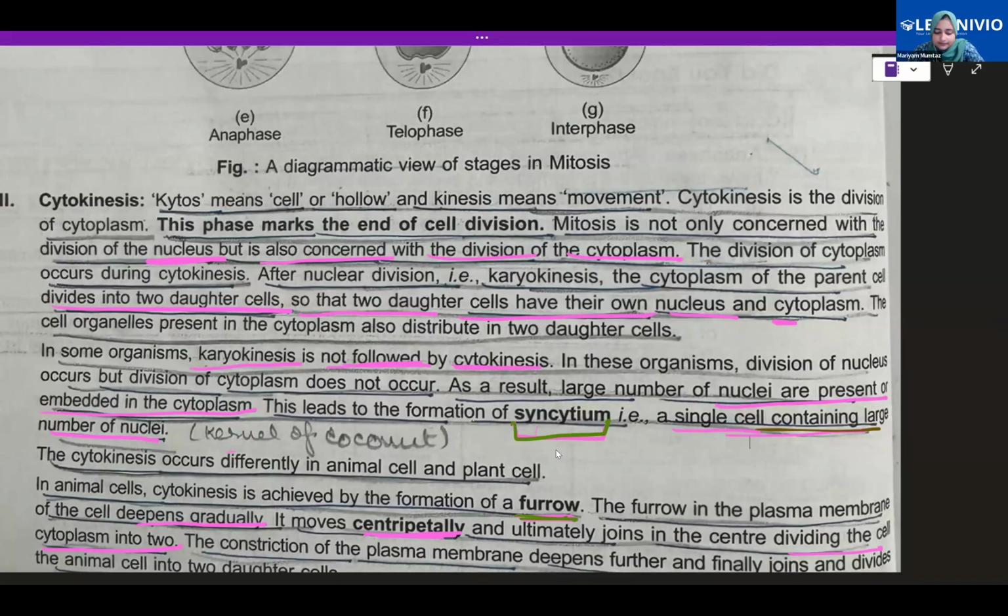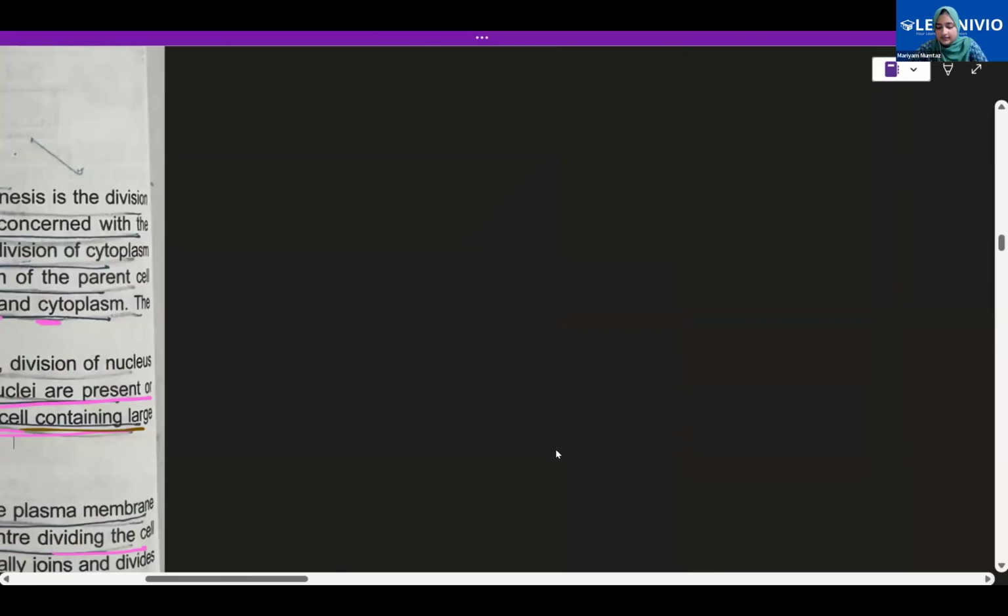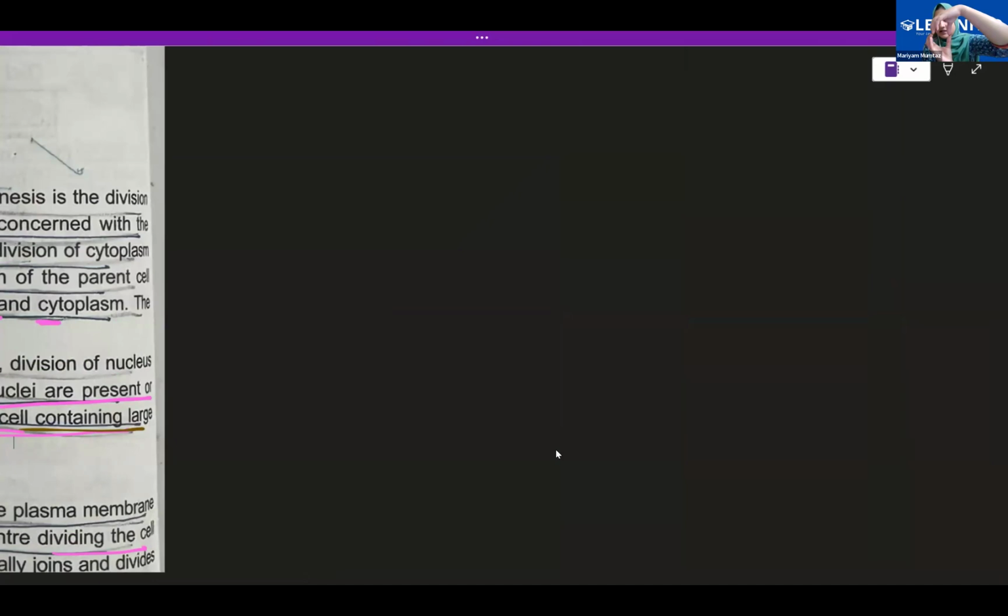Now, the cytokinesis of plants and animals is very different. The karyokinesis is the same, but the cytokinesis is different. Acha, see this. For example, this is a cell. Okay, this right here is a cell. Now, this is one part where the nucleus is, and this is another.